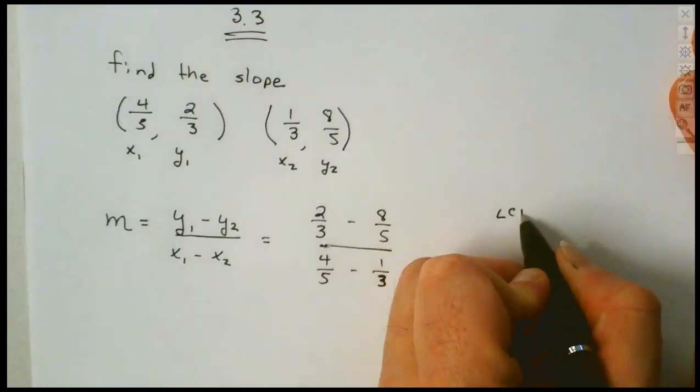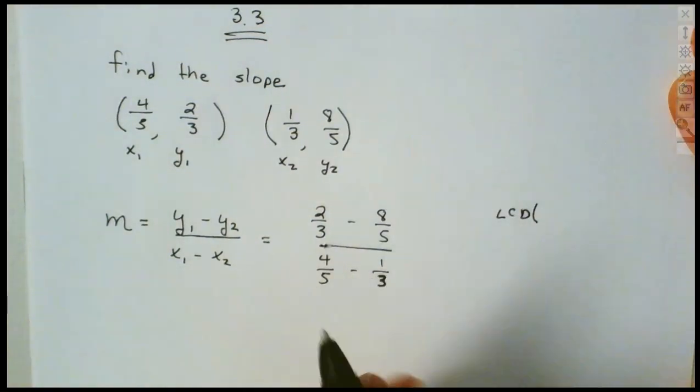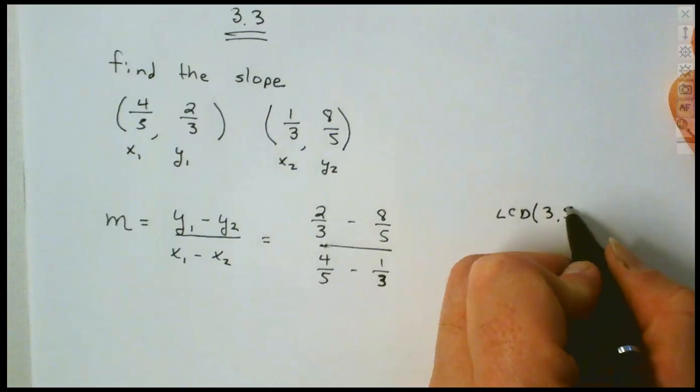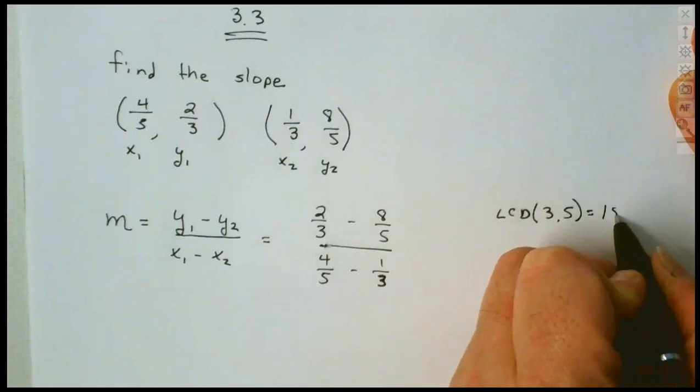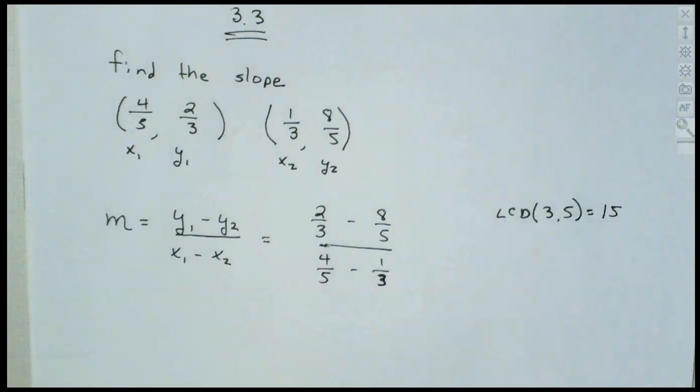What's the least common denominator of that 3 and 5? Well, the least common denominator of 3 and 5 would be 15. Okay? So we're going to clear out our fractions just like we would any other problem that has fractions in it. So I'm going to multiply everything by 15.